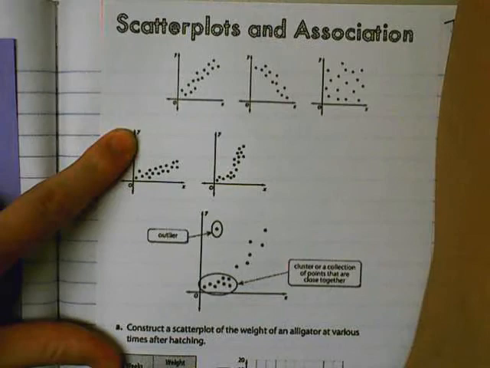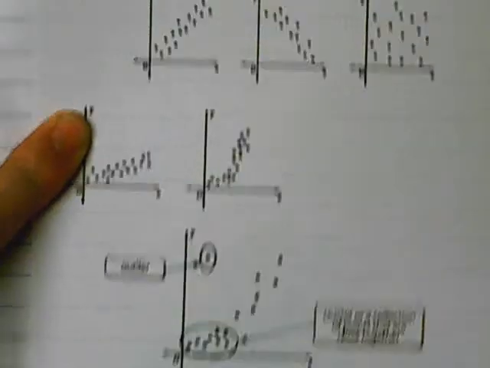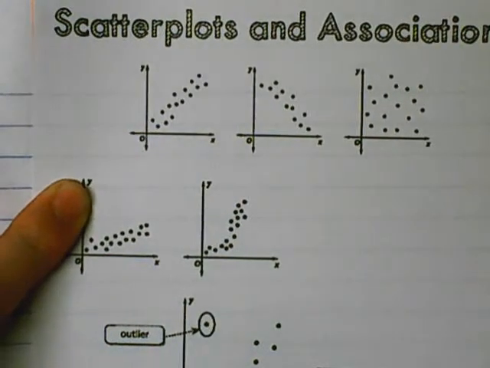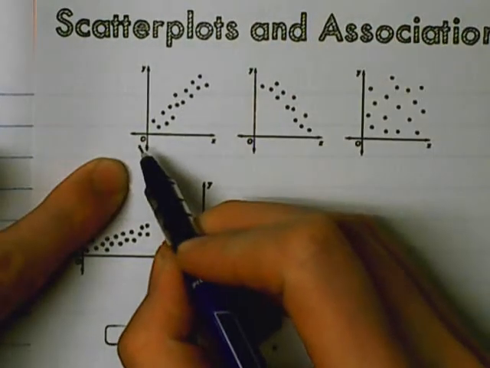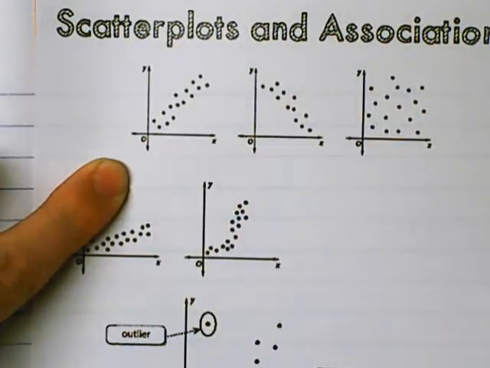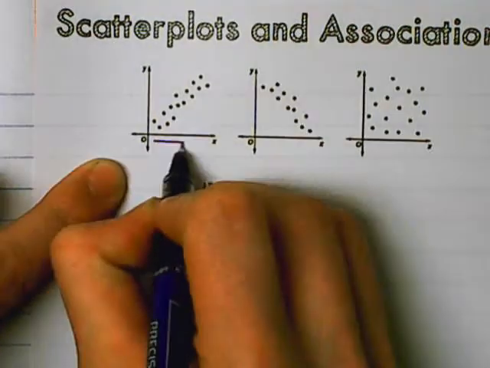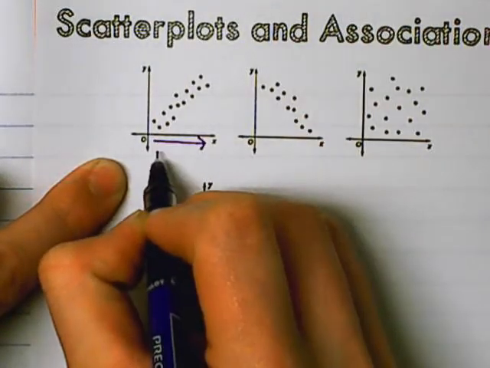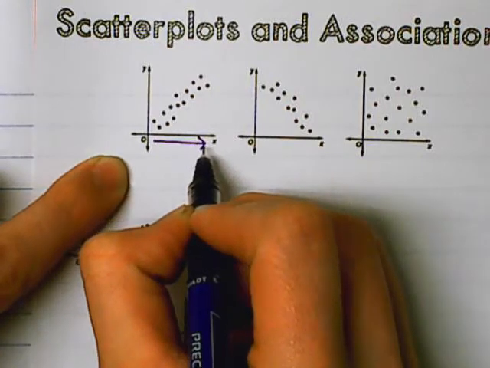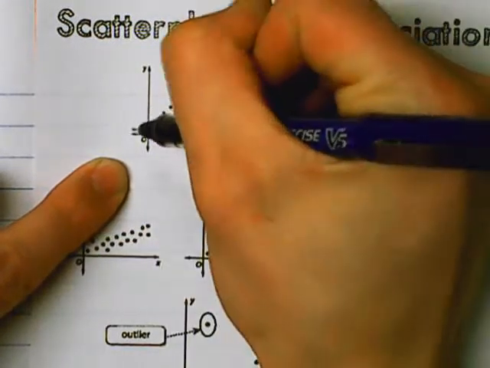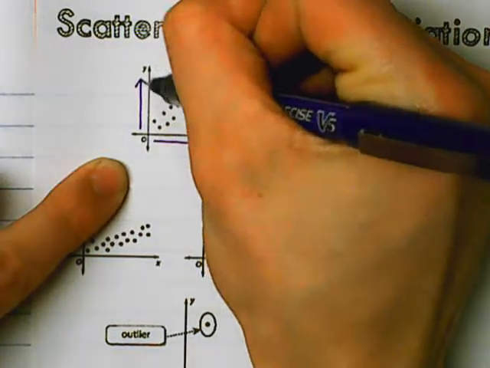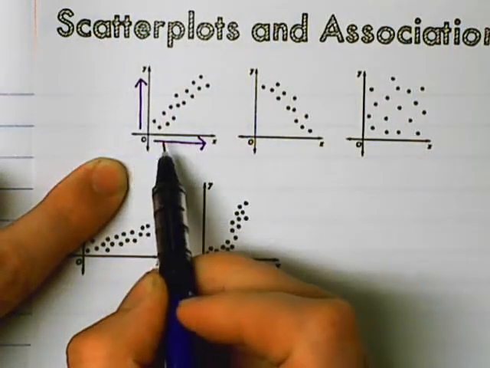On this very first graph, we notice that as the x value increases, so we're always looking at x from left to right, what is the y value doing? Well, the y values are also increasing because we are going up and right.